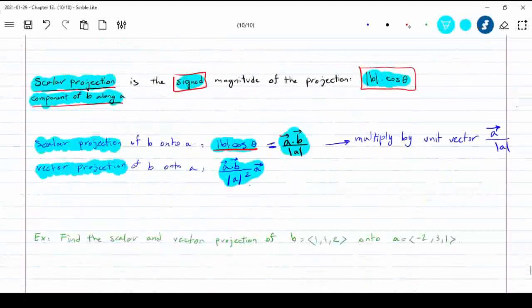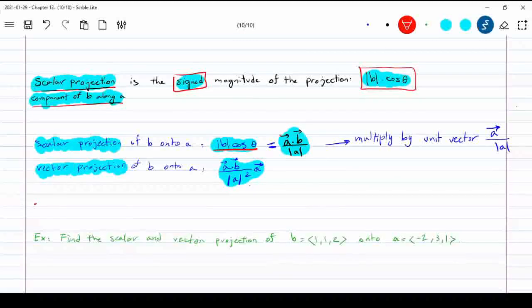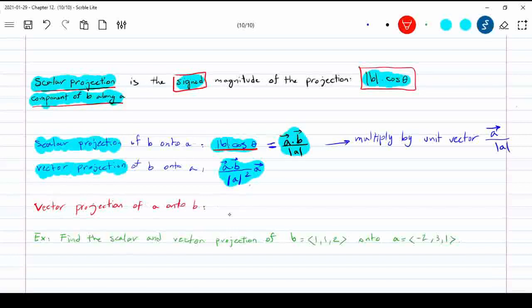Okay, by the way, if they change and they say what is the vector projection of A onto B, sorry about the bad handwriting, because I've seen students make mistakes through this. You would say the projection of A onto B would be exactly the same as that.